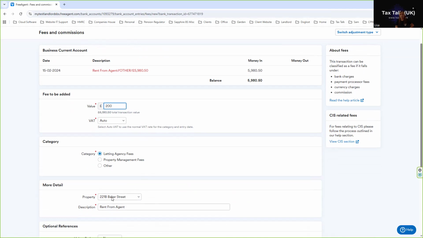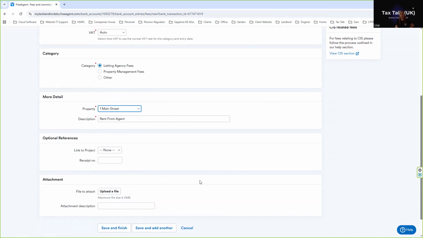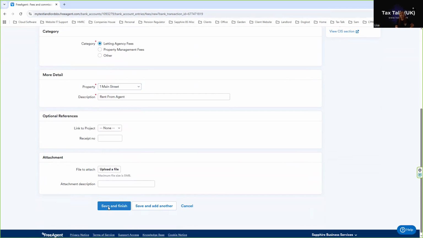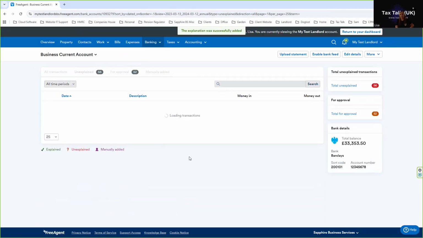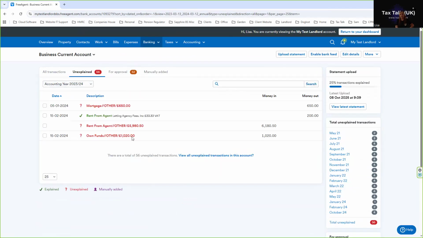You would put whichever was appropriate. And again, you've got the ability to say which property this relates to. Then we're going to save and finish that adjustment, and that will take us back to the main bank feed.